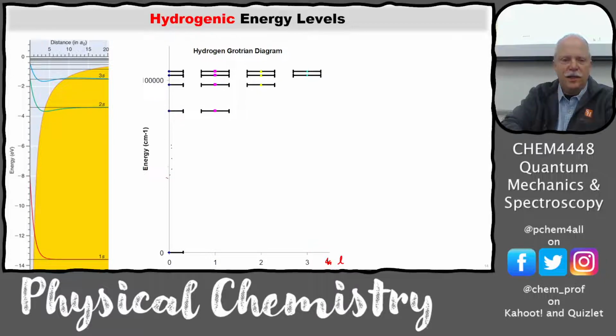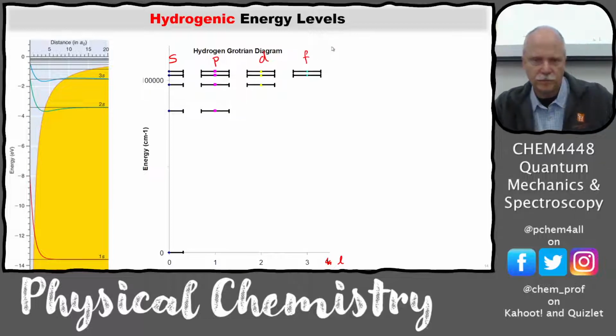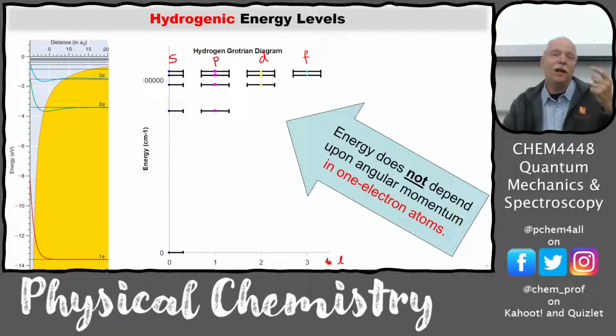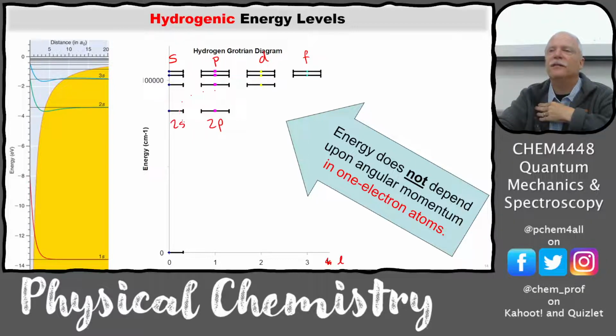Then this is an s orbital column, a p orbital column, a d orbital column, and an f orbital column. And notice in a one electron system, the energy does not depend upon the angular momentum. So the 2s and the 2p have the same energy in a hydrogenic system.